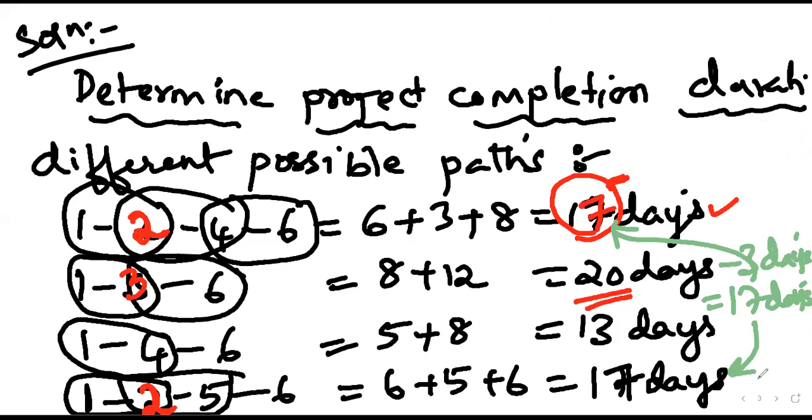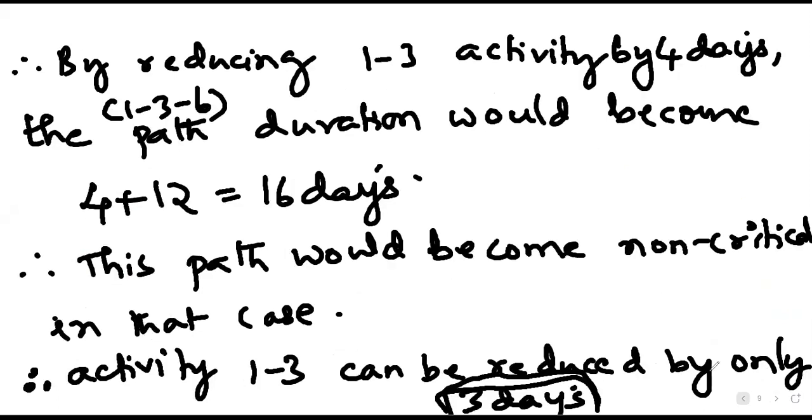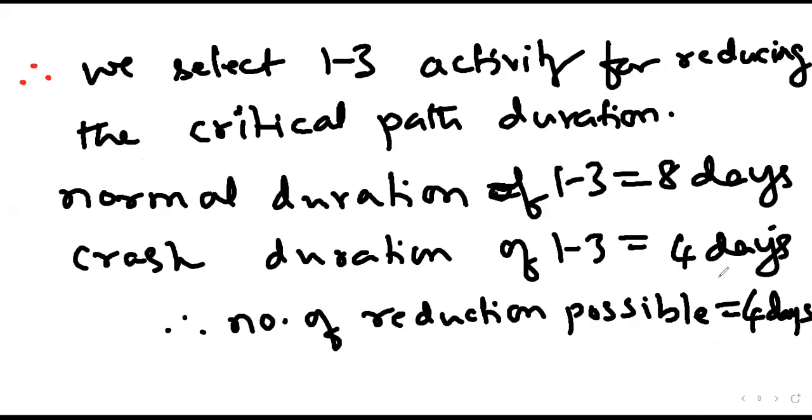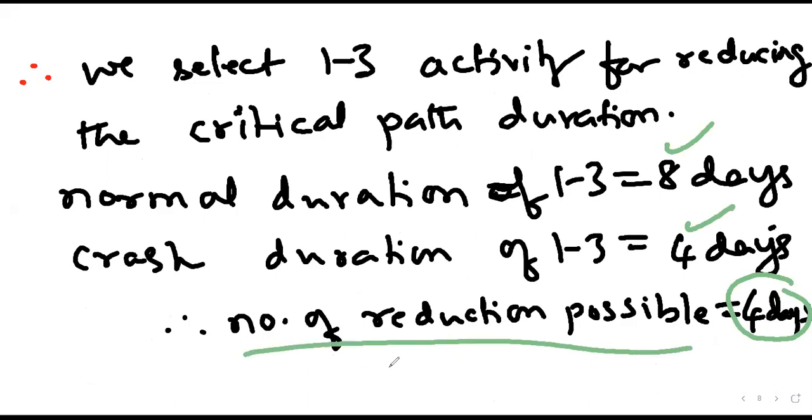So, what does this total number of reduction mean here? Total possible number of days. Here, this gap of 4 days. The normal duration of 1-3 is 8 days. Crash duration is 4 days. Total number of reduction possible is 4 days. That means it can be 1 day, 2 days, 3 days, and 4 days, anywhere between this.